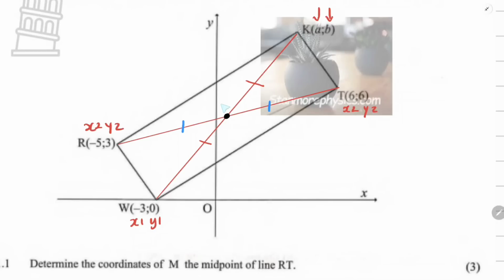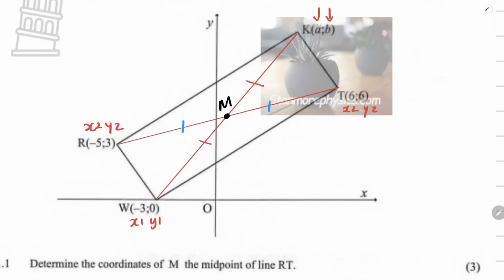So that makes this the midpoint of that line RT. And we already found out what M was, that midpoint of RT. But that would also mean that this point is also the midpoint of the line KW as well. So they're really just sharing a midpoint.